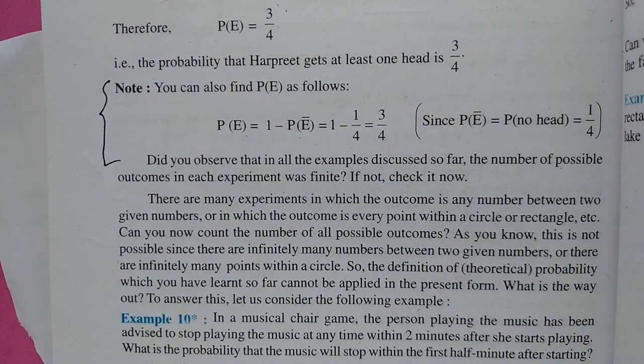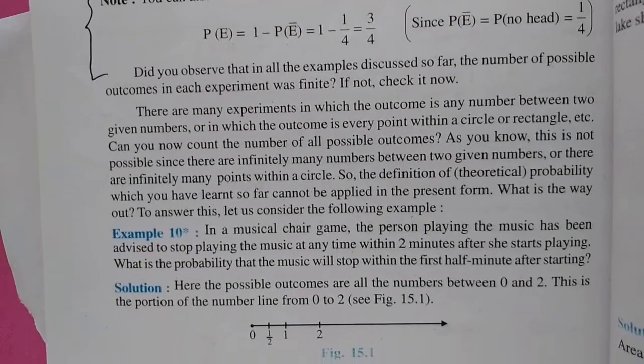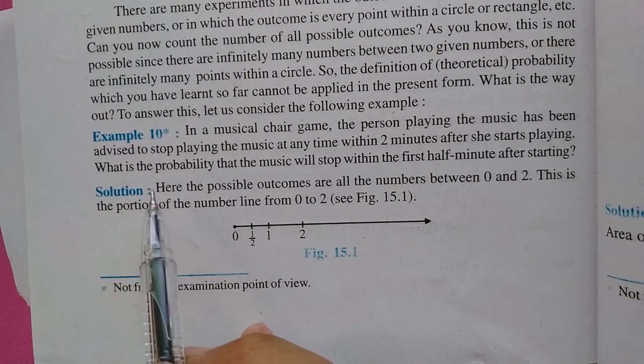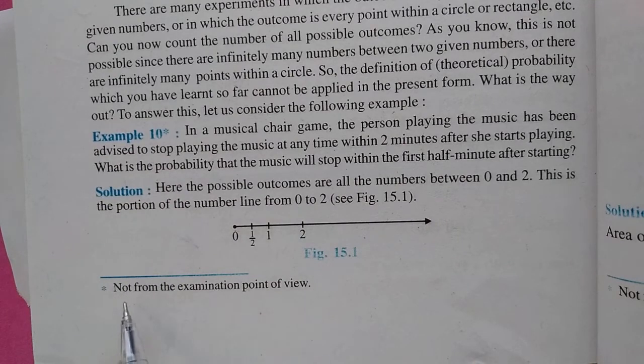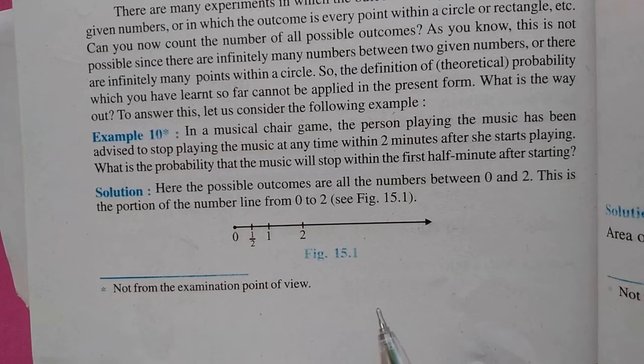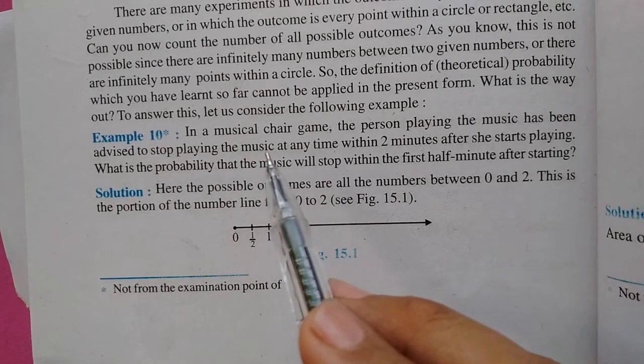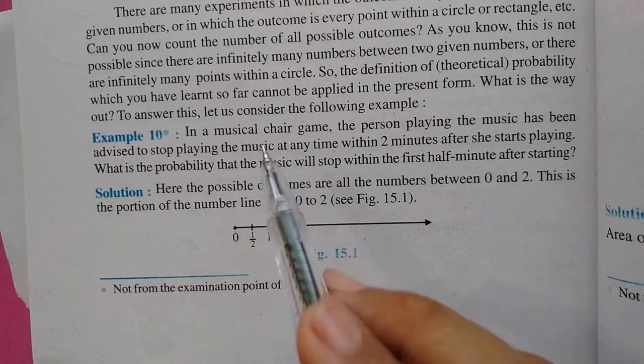Okay, children. Now, example number 10, you read it because here it is star, and for star it is written that not from the examination point of view. Children, just one thing I want to share with you that like this sum, at least once you read it, particularly this type of problem they will not ask or they cannot ask.